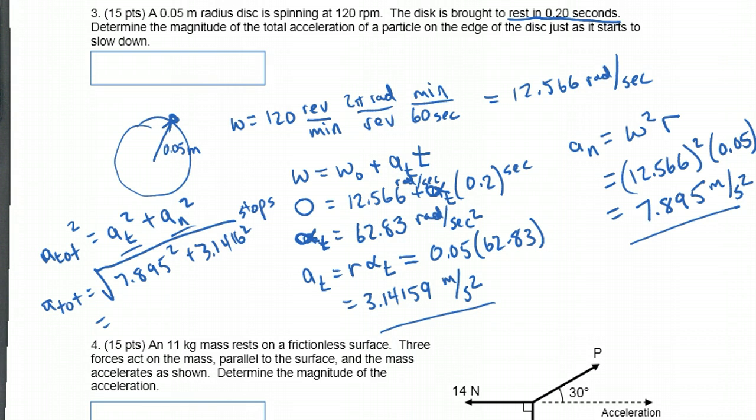So square that number, square that number, and take the square root of the answer. It gives us 8.497 meters per second squared. Close enough, 8.5 meters per second squared.